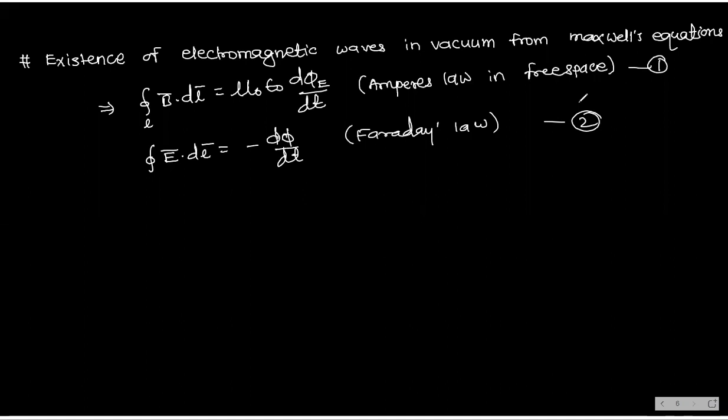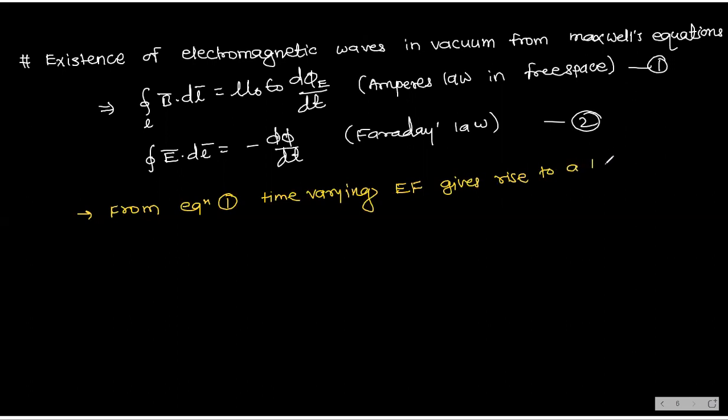Now from the first equation, what can we conclude? From equation 1, a time varying electric field gives rise to a magnetic field.